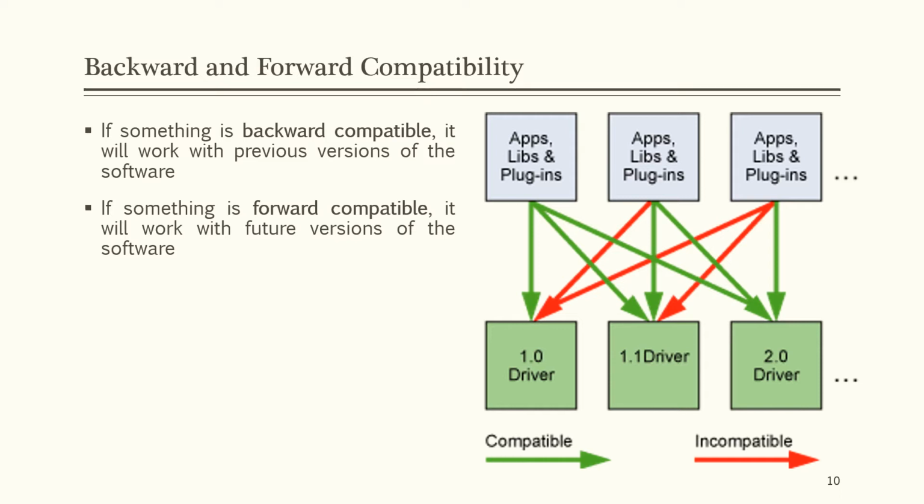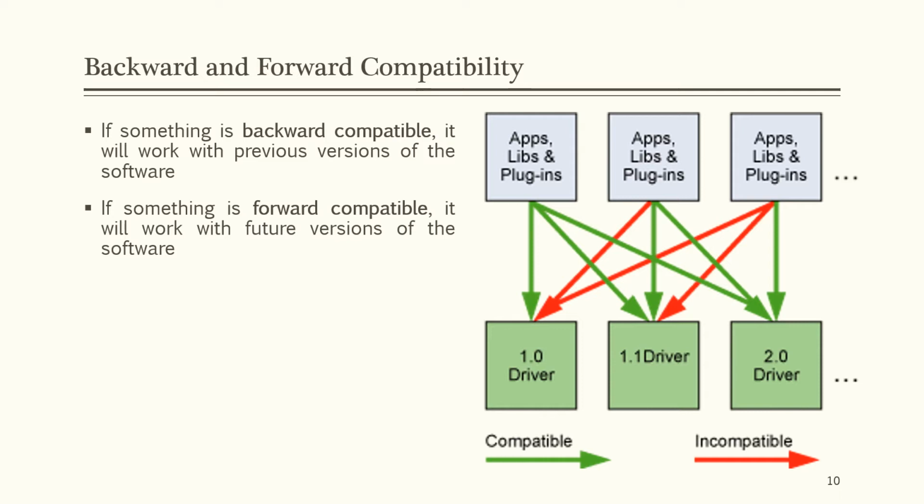Applications, libraries, and plugins on the leftmost side are compatible with all the drivers. Applications, libraries, and plugins in the middle are not backward compatible, meaning not compatible with driver 1.0. However, they are compatible with the current driver, that is driver 1.1, and also with the future driver, that is driver 2.0.